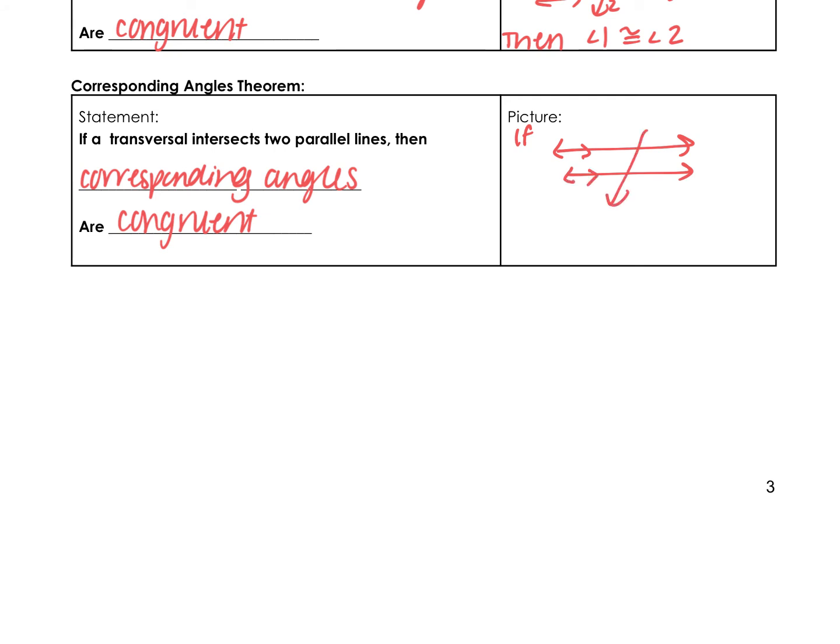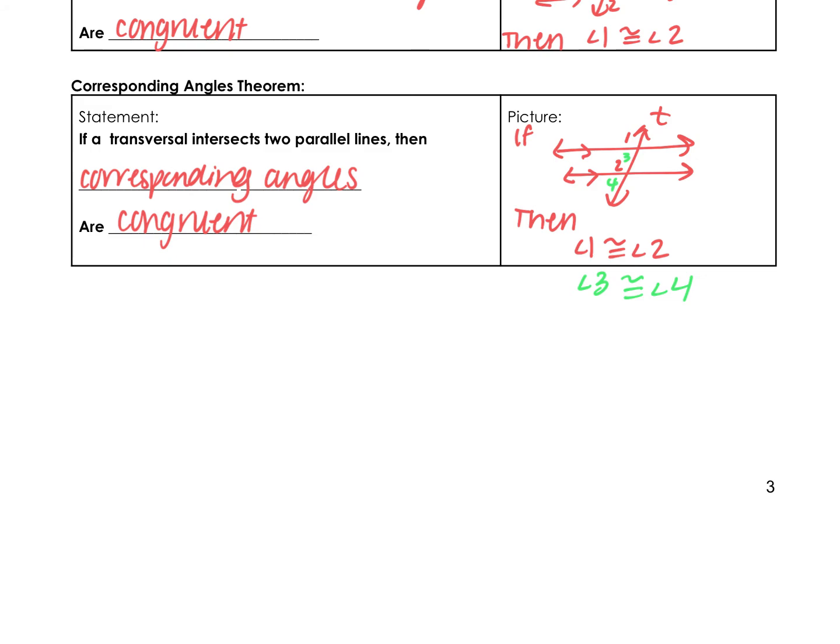Cut by a transversal, T. Corresponding angles. So maybe it's angle 1 and angle 2 like that. Now keep in mind there are more corresponding angles than that, right? So let's say this was angle 3, and that's angle 4. That means angle 3 and angle 4 are also congruent. Any corresponding angles fit this.